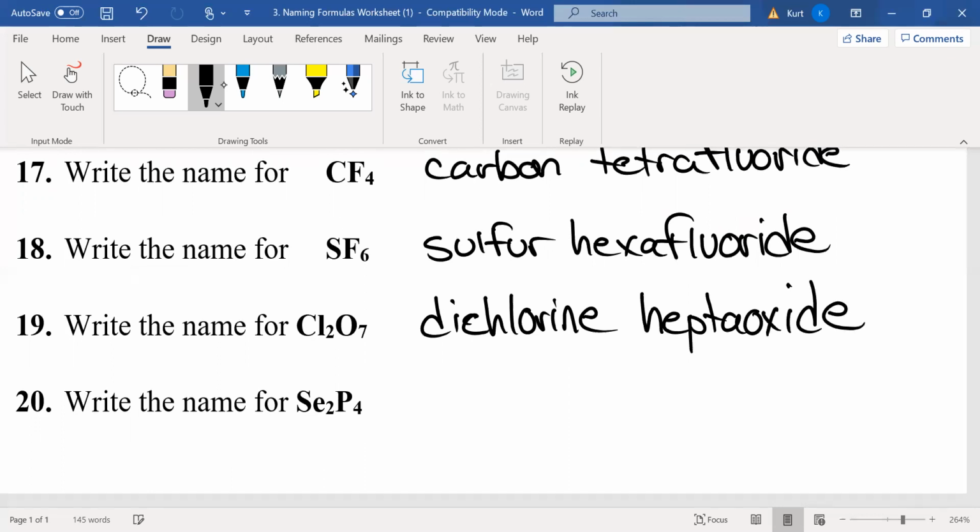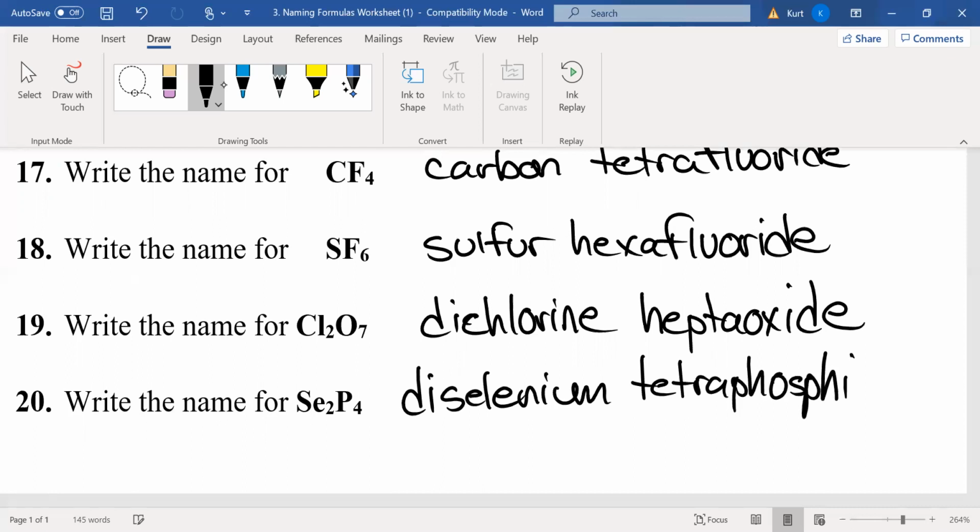And then last one, Colby, Se2F4. Diselenium tetrafluoride. Mm-hmm. Are there any questions with any of this, Nicole?